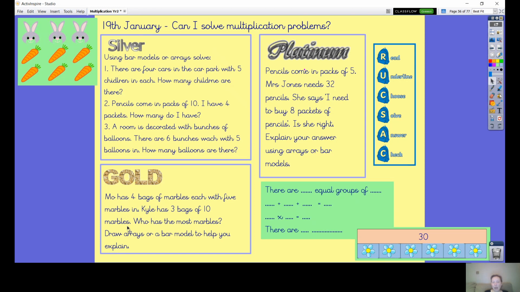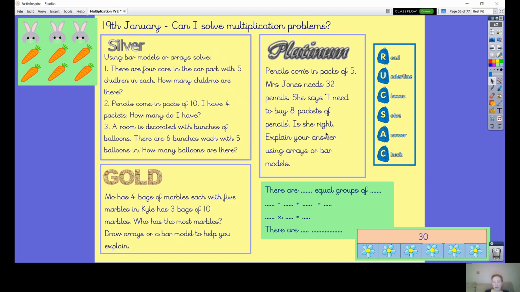Gold is a question, but it is a little bit trickier because it says who has the most marbles. So you're going to have to do 2 lots of thinking and then decide, is it Mo who has the most marbles or Kyle?